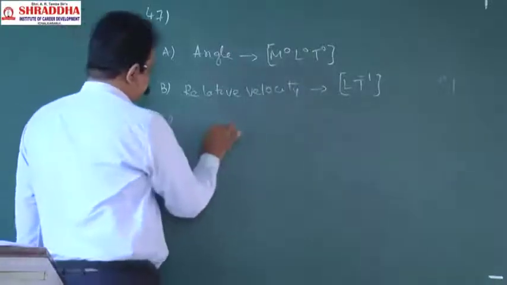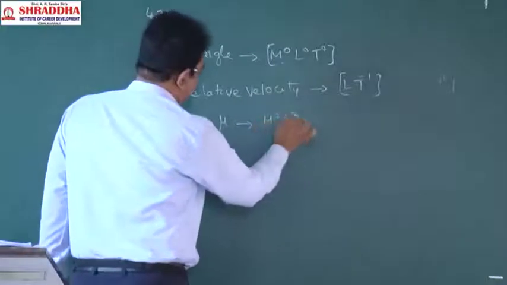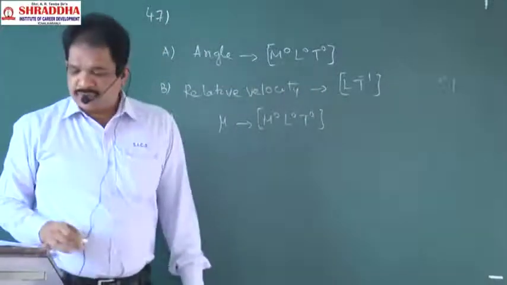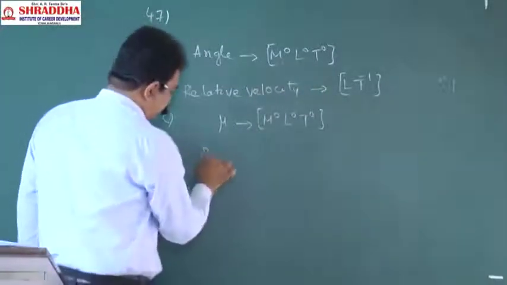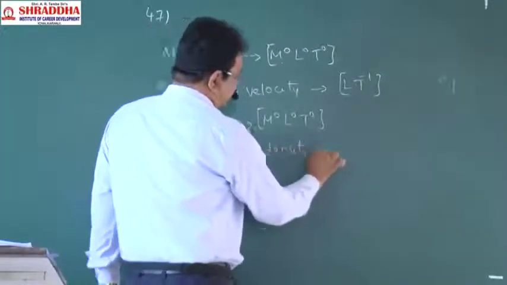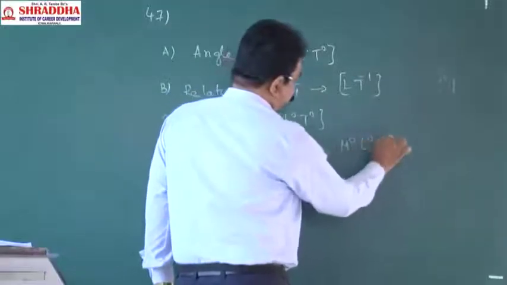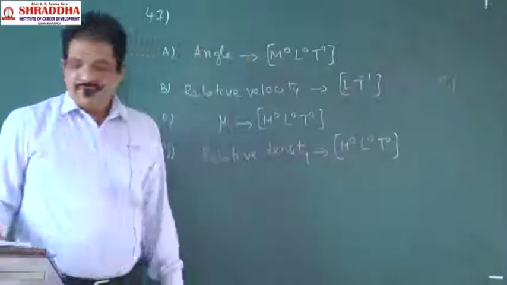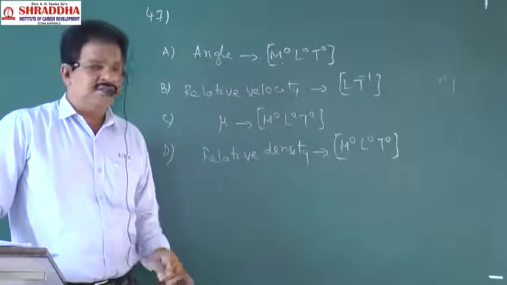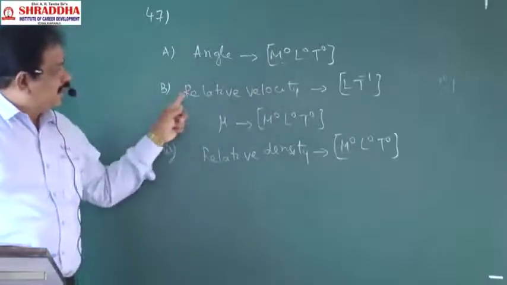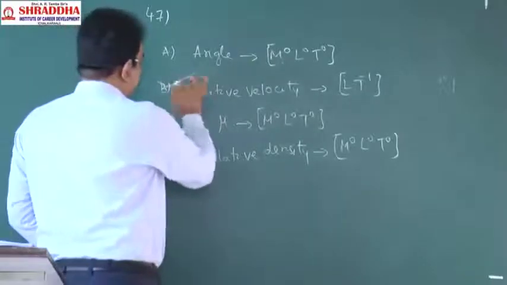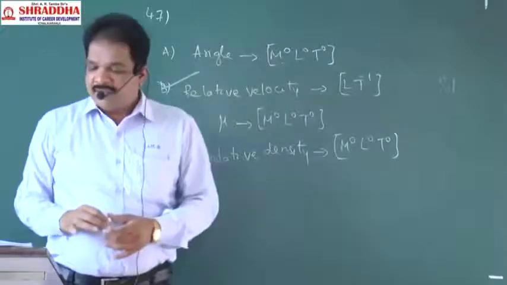Refractive index: M power 0, L power 0, T power 0. Next, fourth one, relative density. Density of body by density of water. It is also not having dimensions. Now what is the answer here? Which of the following physical quantities is a dimensional variable? It is having dimension. Which is having dimensions? This is clear.